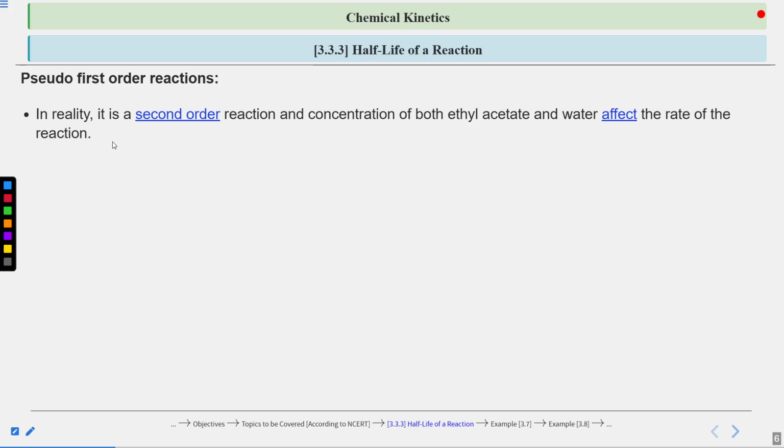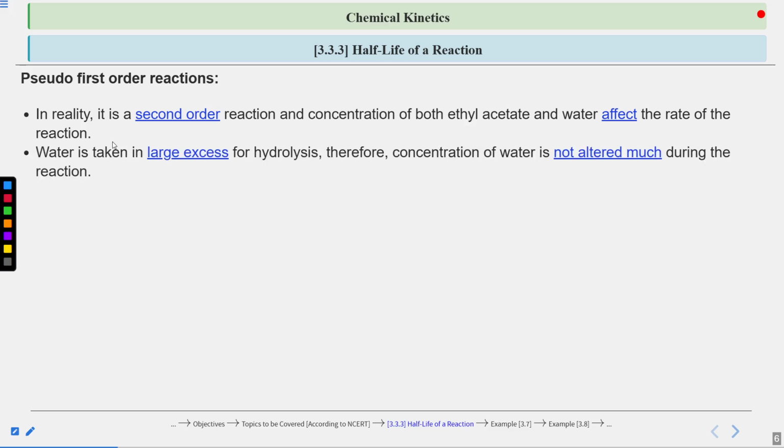So in reality, the ethyl acetate hydrolysis reaction is a second order reaction, but the concentration of both ethyl acetate and water affect the rate of the reaction, due to which it changes and looks like first order. Water is taken in large excess for the hydrolysis of ethyl acetate.